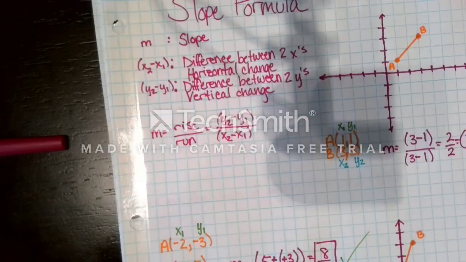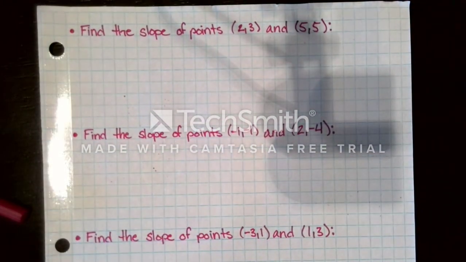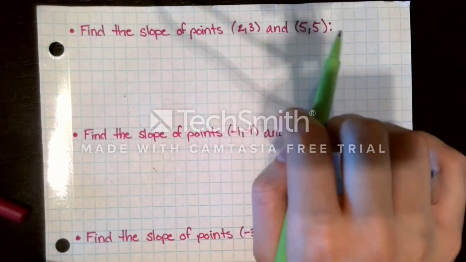Alright, so on to the next part. You will not always be given graphs when you work with slopes. In fact, when you're given the point values, it's often easier because then you don't need to figure out what each value is. So for here, let's focus on labeling our points. We have to find the slope of points (2, 3) and (5, 5).